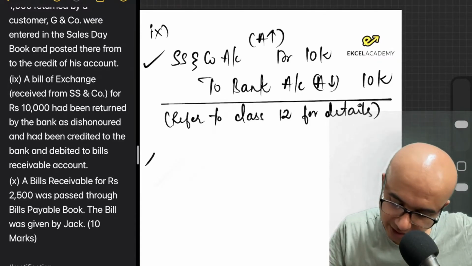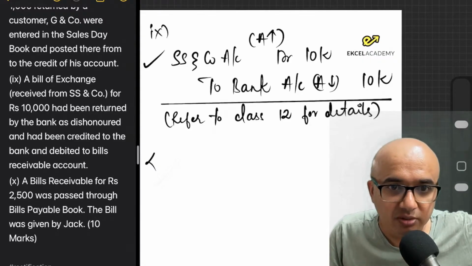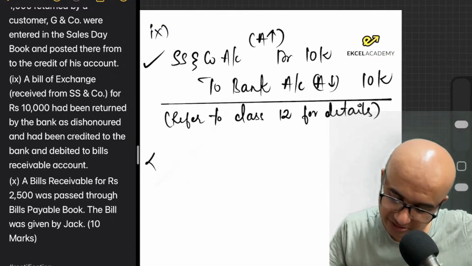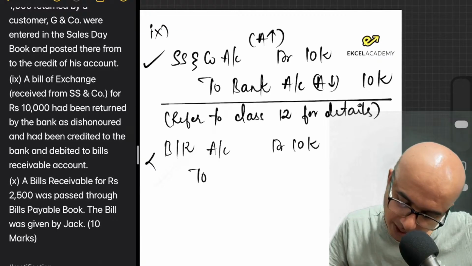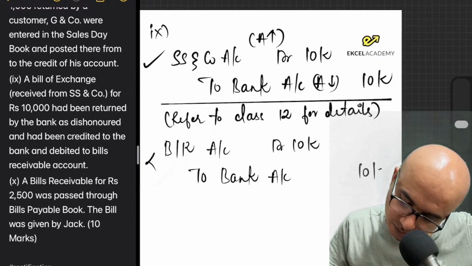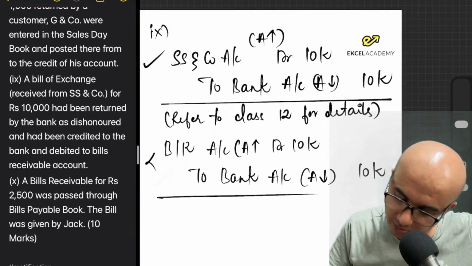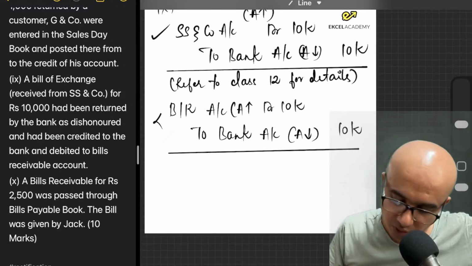Now the wrong entry which they have passed has been dishonored by the bank and had been credited to the bank and debited to bills receivable. BR account debit 10,000 to bank. This is what they have done, which is a mistake, because BR will not come into picture at all, because it would already be showing zero balance.